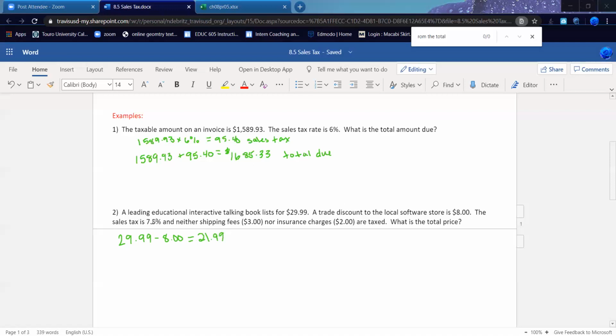I need to pay 7.5% sales tax, so I determine the sales tax on that by multiplying the $21.99 times the 7.5%. That's going to give me $1.65.